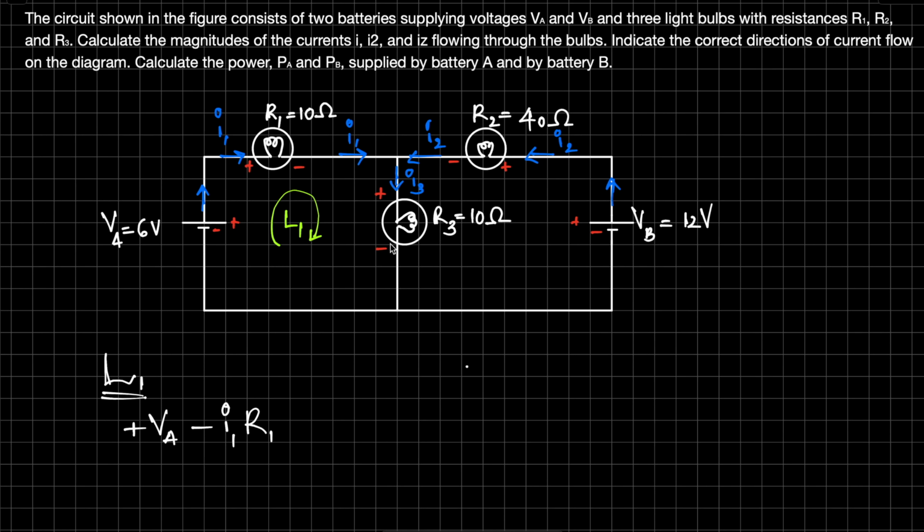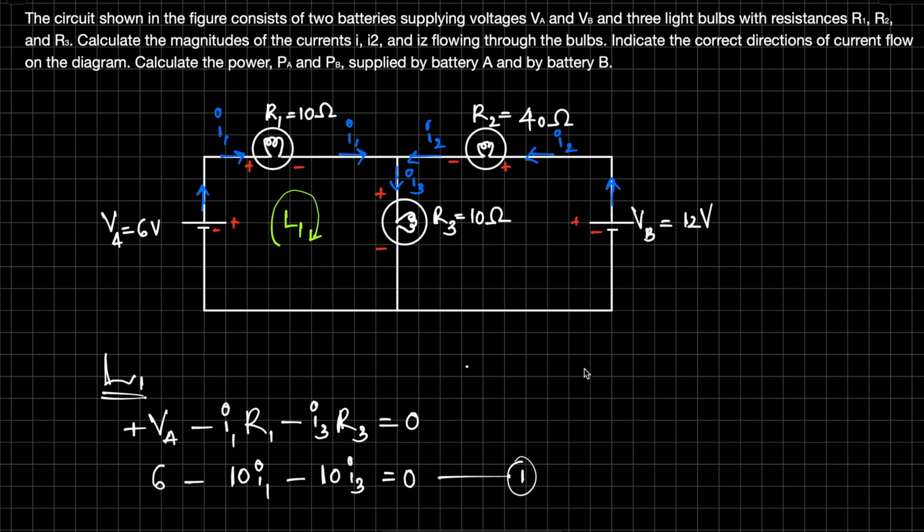We are here, plus to minus is a drop again. Voltage here is I3 R3 equals 0. VA is 6 volt, I1 is unknown, R1 is 10, so 10 I1 minus R3 is 10 again, I3 is unknown, equal to 0. Let's call it equation number 1. This is the equation for loop number 1.